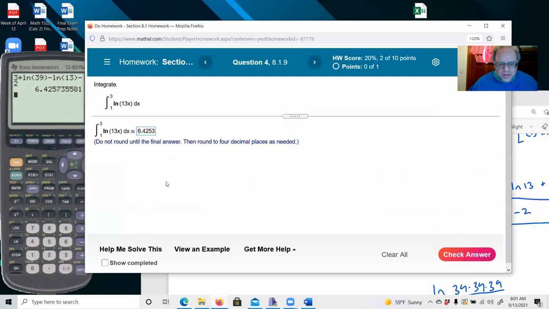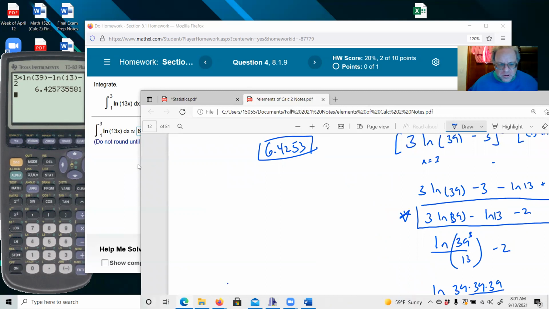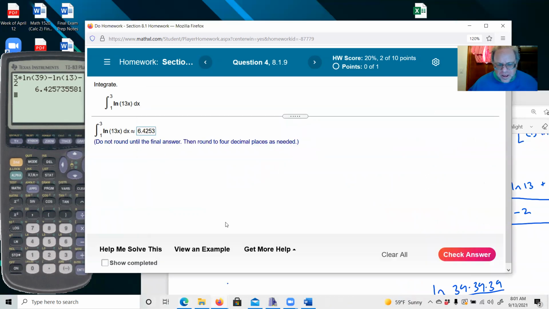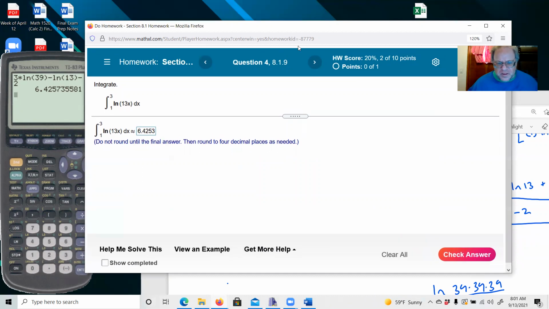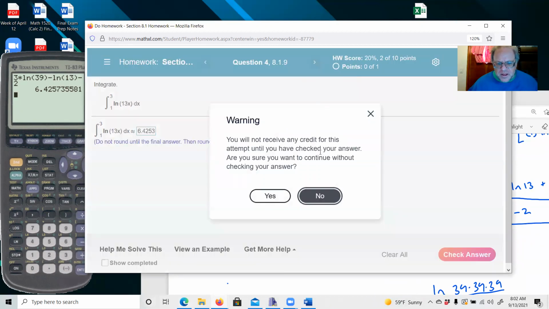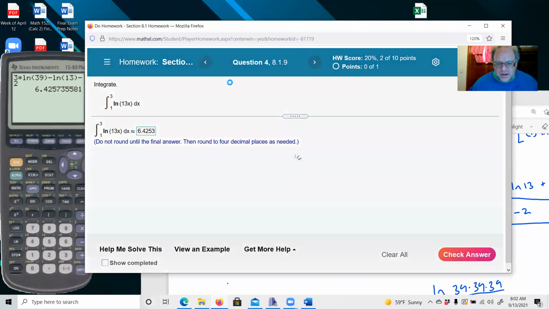What was the little error they gave me? Do not run into the final answer way. It knows I'm close. Okay, but in the interest of not doing all of this, that's fine.